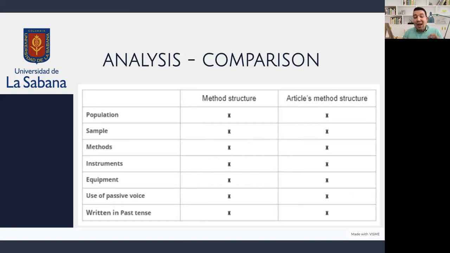They also provide citations supporting the criteria of why they were selected based on the method. Here we can see how the article's method structure accomplished the method structure provided.